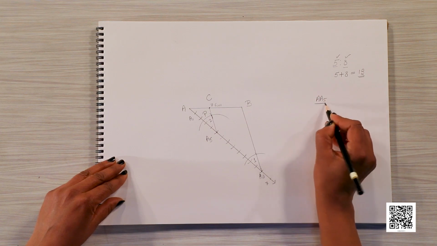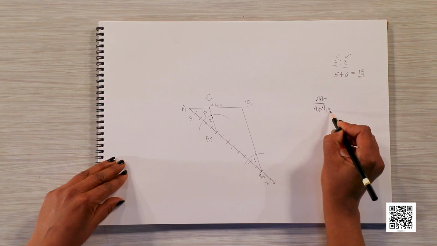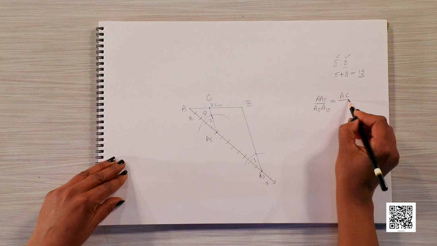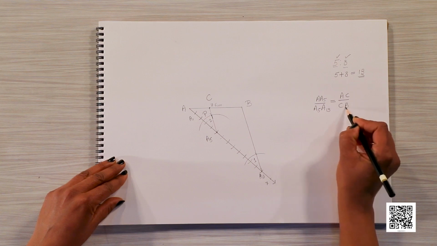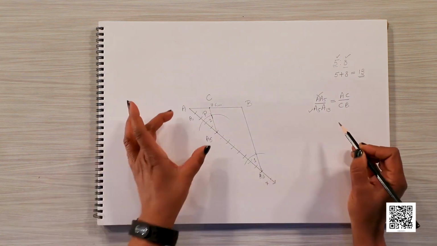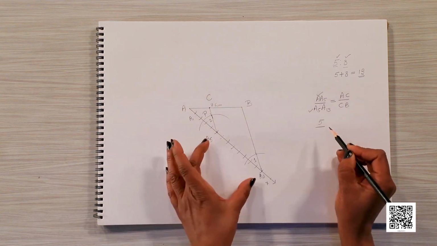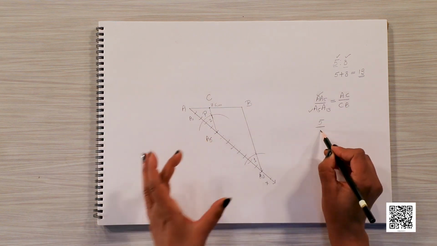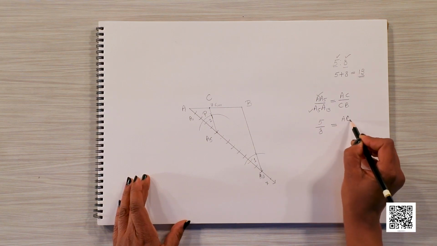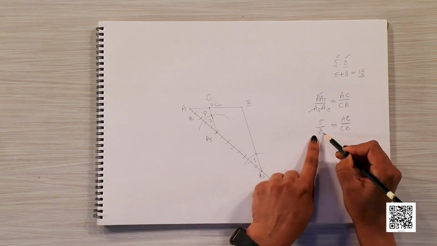So, AA5 upon A5A13 equals AC upon CB. And what about AA5 and A5A13? AA5 takes 5 parts and A5A13 takes 8 parts. So, we get the ratio of AC upon CB as 5:8.